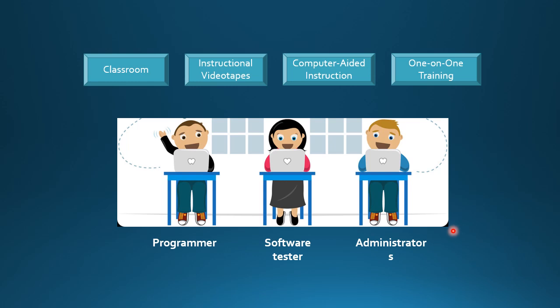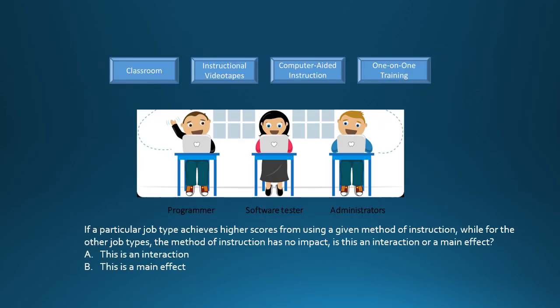The manager wants to determine how to best leverage the company's training programs, which include classroom teaching, instructional videotapes, computer-aided instruction, and one-on-one training. While the manager knows the training is costly, it can save the company money in the long run if the right employees are trained in the best way possible.